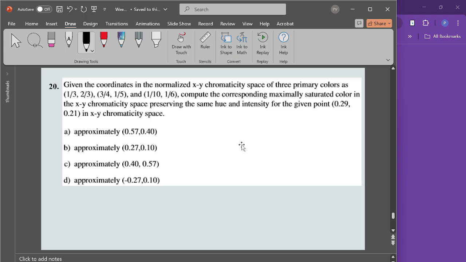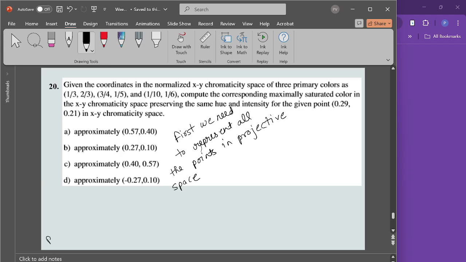So now, to compute this one, we need to use the projective space. So first we need to represent all the points in projective space.